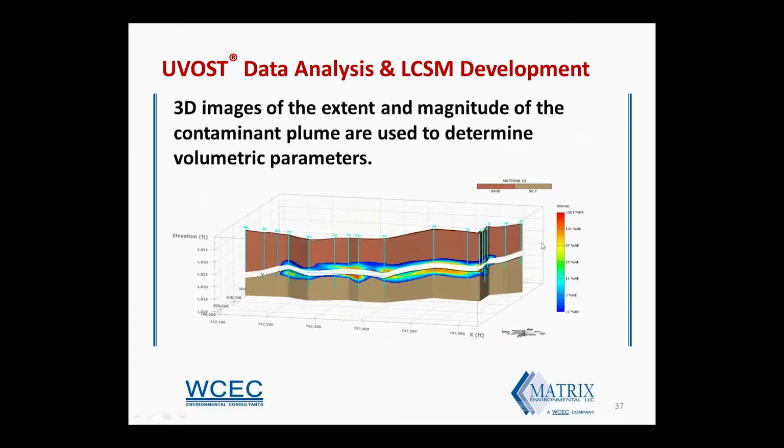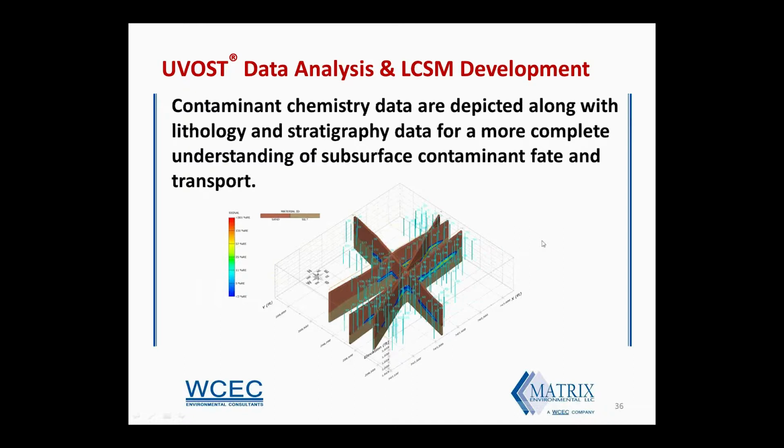Okay. So this slide, we've got a little bit of a more interesting view. This is the same 3D plume shell that we were looking at in the previous slide. This time we've taken that plume and cut some cross sections through it, and within the cross sections you can see the plume intensity again.